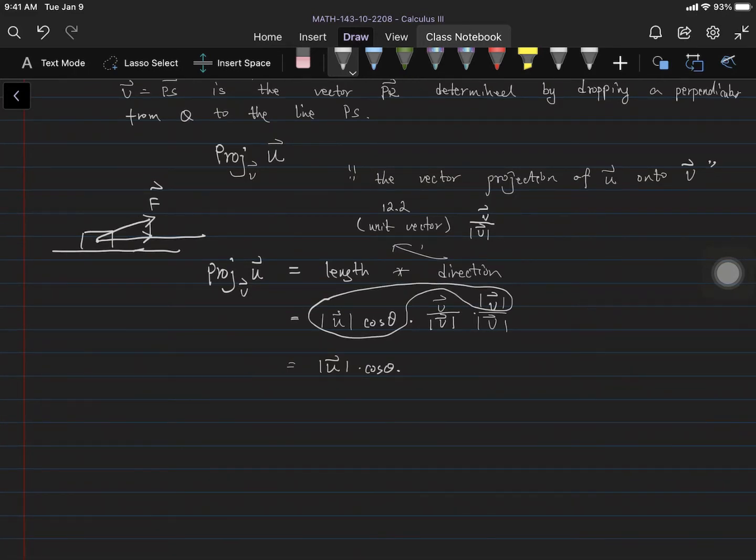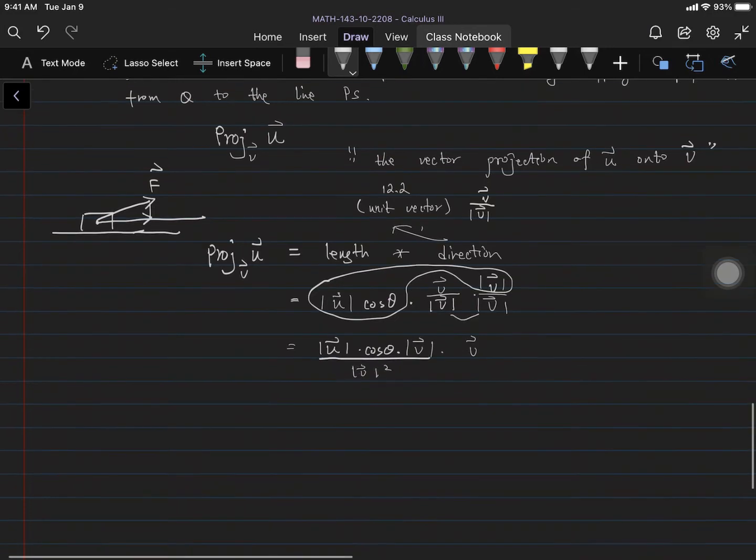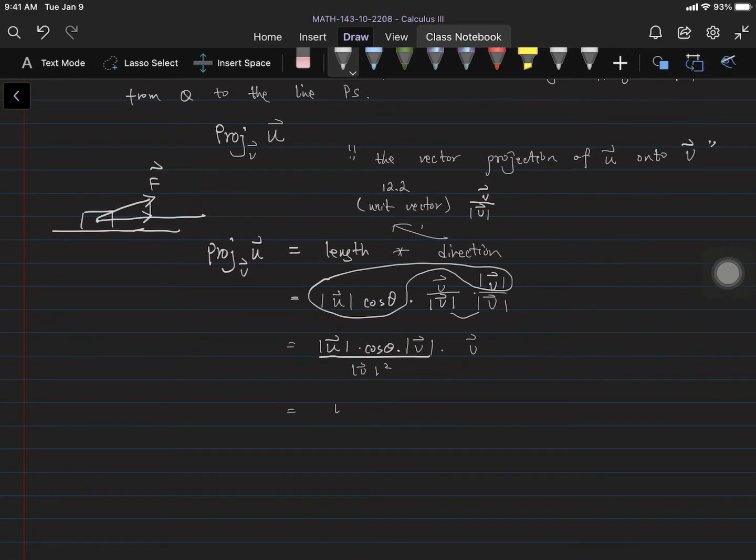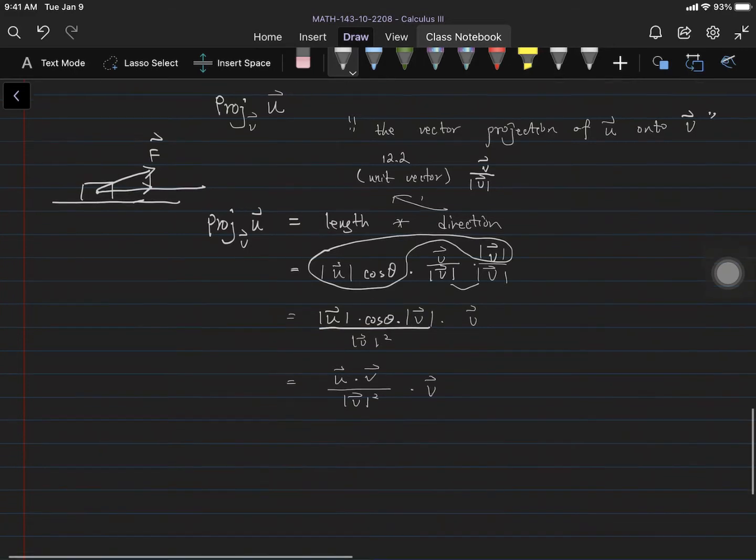So it's going to be the v length times the v vector divided by, combining those two, v length squared. And the numerator becomes u dot v, by the theorem, divided by v length squared, and then times the v vector.